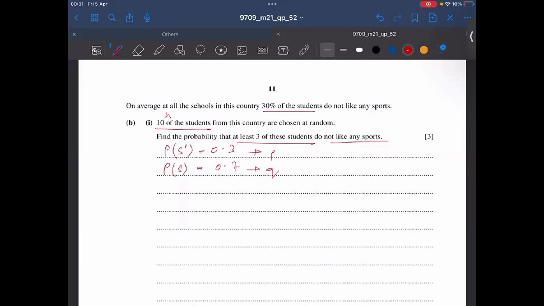And at least 3 means, let's take X as the number of students who do not like sports. So we need to calculate the probability P(X greater than or equal to 3). So how would you calculate? I'm going to subtract from 1 the probability P(X less than 3).